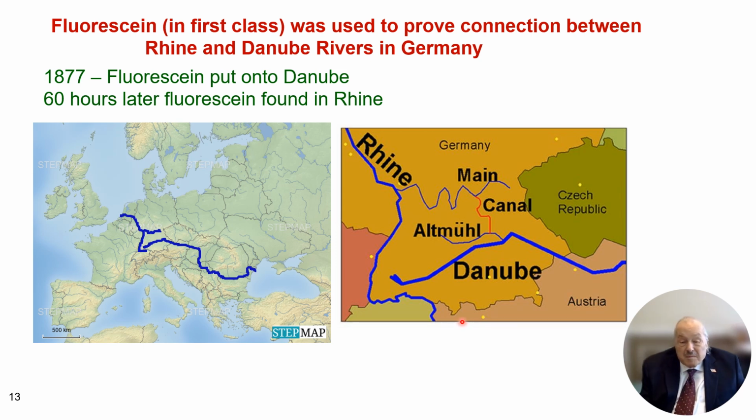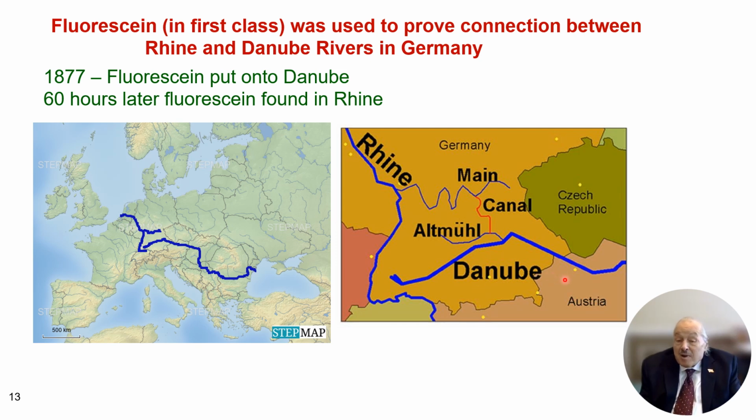He put an enormous amount. And some 60 hours later, they found fluorescein showing up in the Rhine. So that proved that these two rivers were connected in some way by an underground connection.